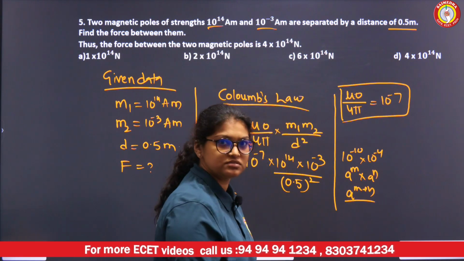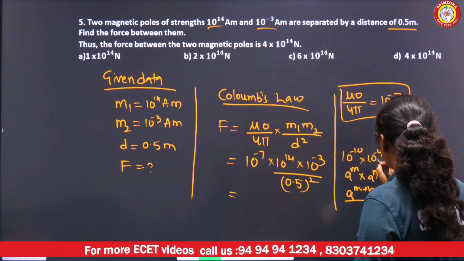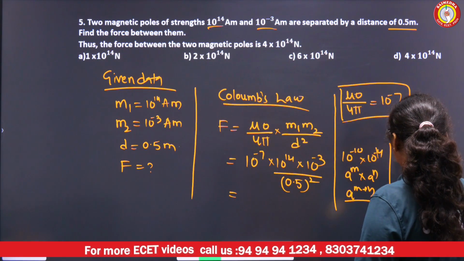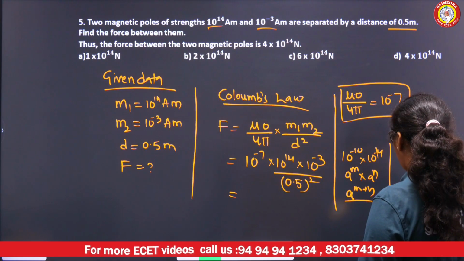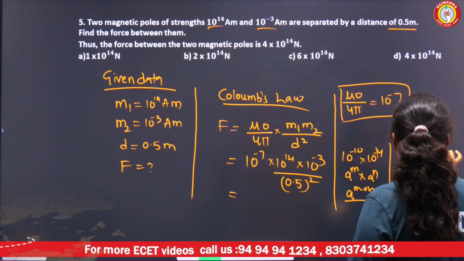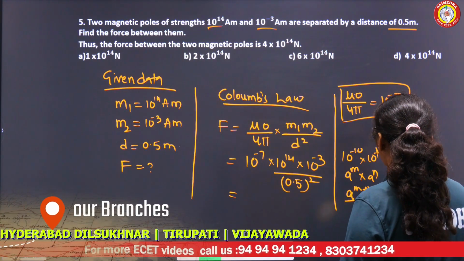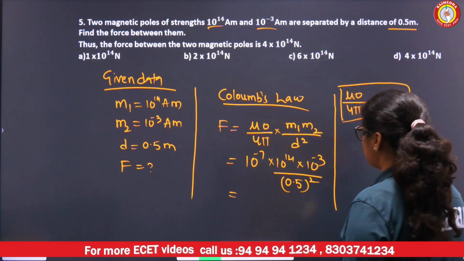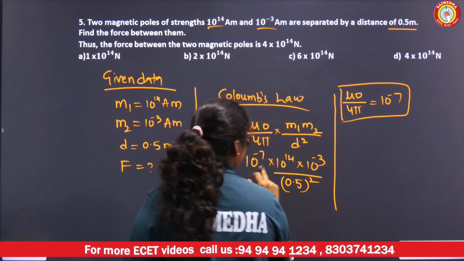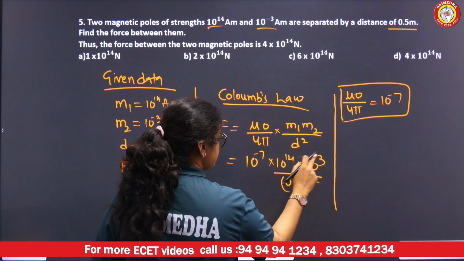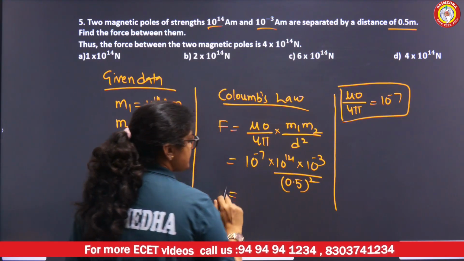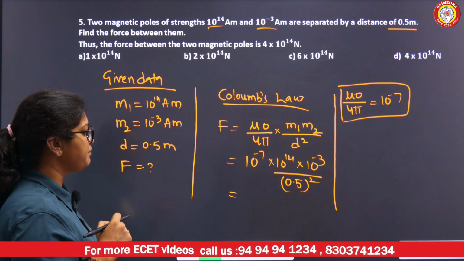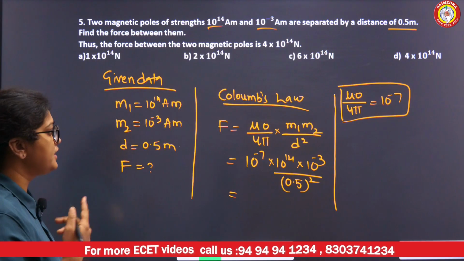So we add 10 power minus 10 and 10 power 14. How much will I get? I'll get 10 power 4.